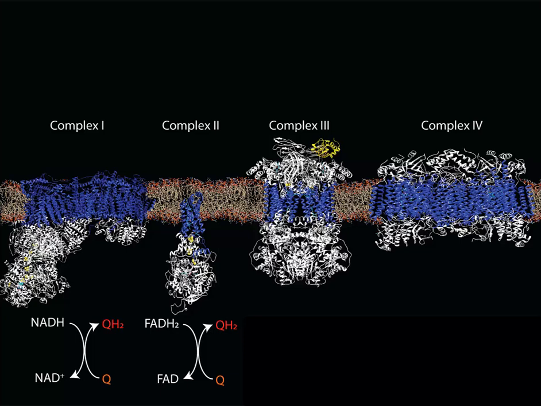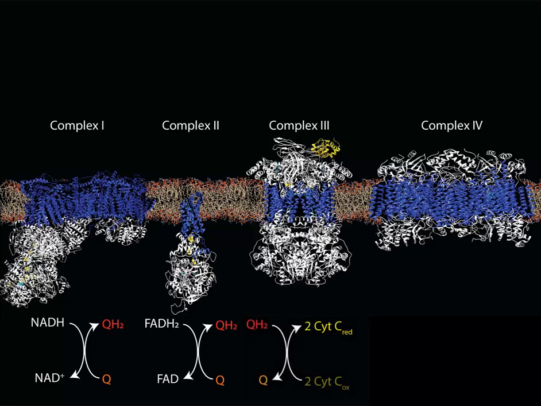So both complex 1 and complex 2 play the important role of accepting electrons from these central electron carriers we've discussed to reduce this central redox cofactor, coenzyme Q. Coenzyme Q then moves through the lipid bilayer down to complex 3, which ultimately is responsible for taking the electrons from reduced coenzyme Q and passing them to 2 equivalents of this protein cytochrome C, which is shown here in yellow.